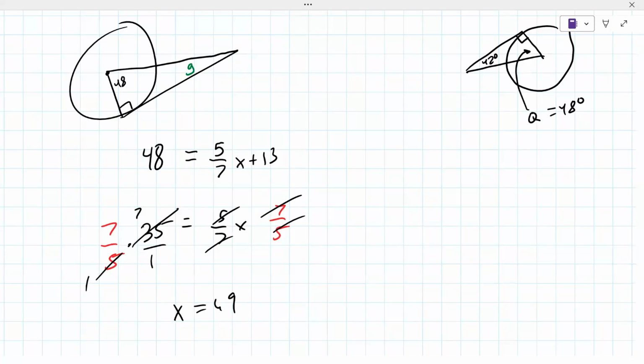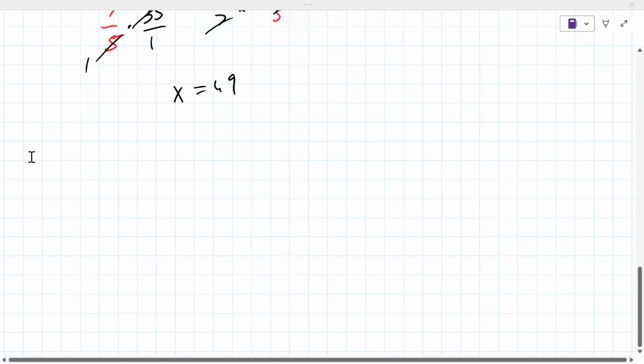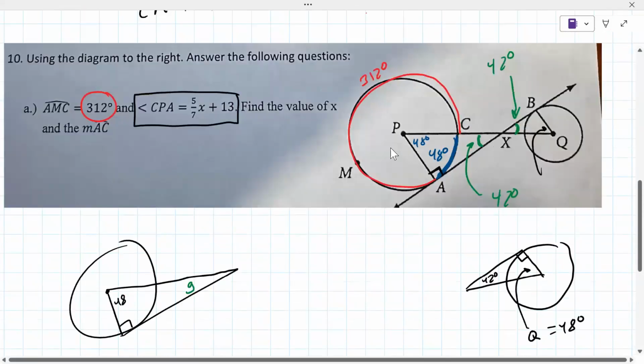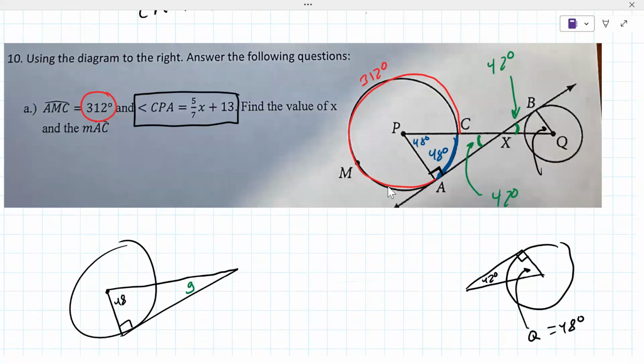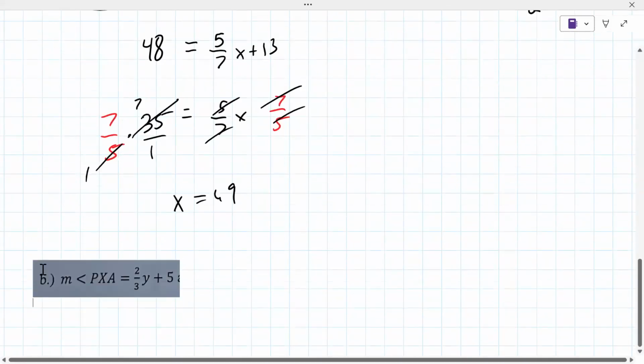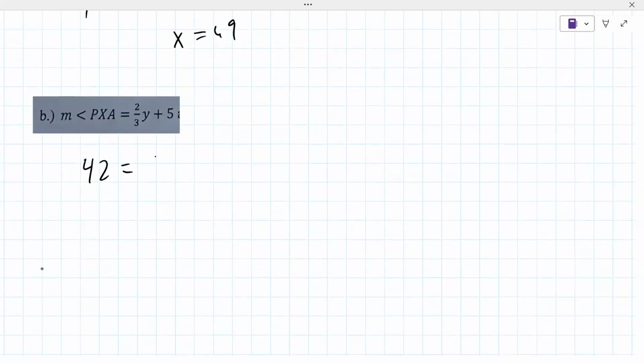Now, let's go to the next problem, part B. PXA, what's the value of PXA? 90. Try again. PXA. 42. Yeah, so you're going to set 42 equal to 2/3 y plus 5. Could you solve that for y, please?